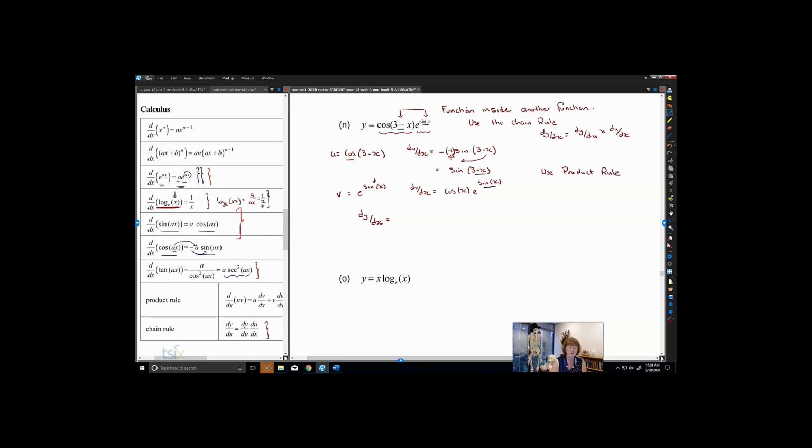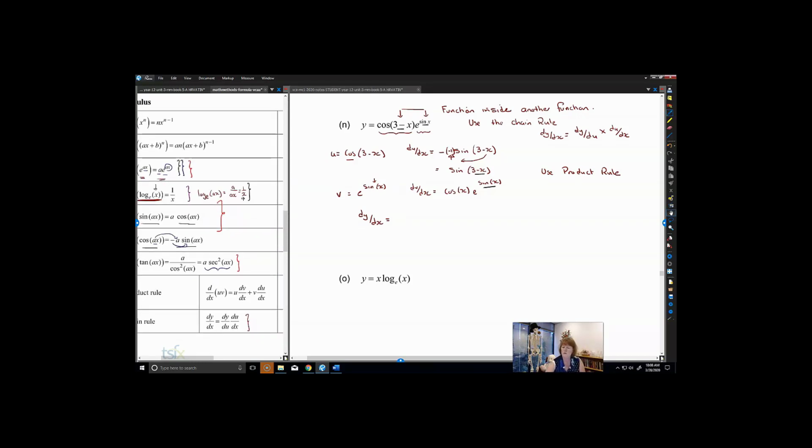And the product rule, again, we notice down the bottom here on the left-hand side, is equal to u times dv dx plus v times du dx. So dy dx here is going to be my u value. I'm going to write that in here. So cos of 3 minus x times my dv dx, and my dv dx there is the cos of x times e to the sine of x.